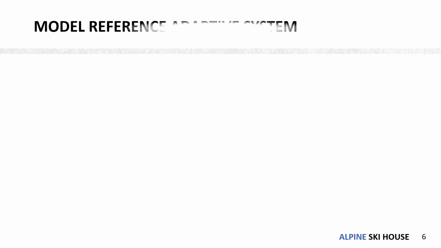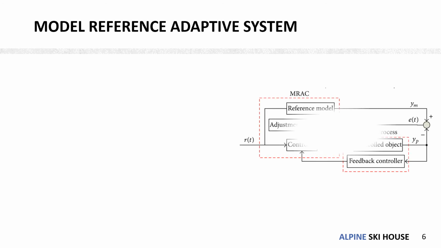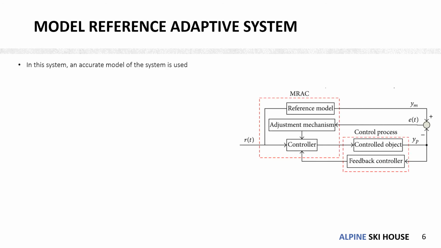The final one in the adaptive control systems is the model reference adaptive system. In this system, an accurate model of the system or process is used. Whichever process we are planning to carry out, an accurate model of this process is maintained. Now the input value or the set value is given to both the actual system as well as the model.